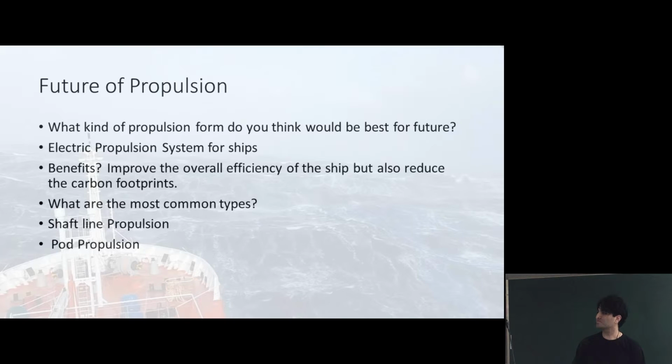So what are the most common types? It has two. One is shaft line propulsion. So this is what it's based on, shaft line. And there's another model. It's pod propulsion. So there are two different types of electric.